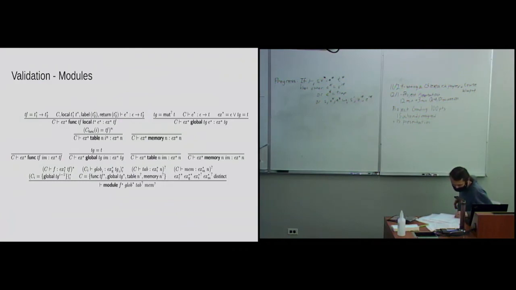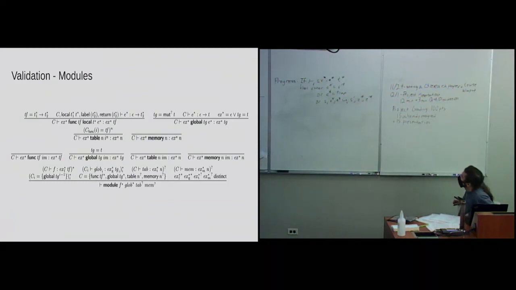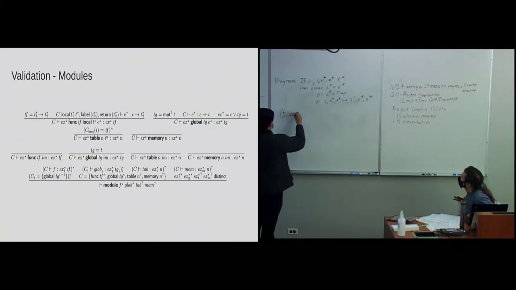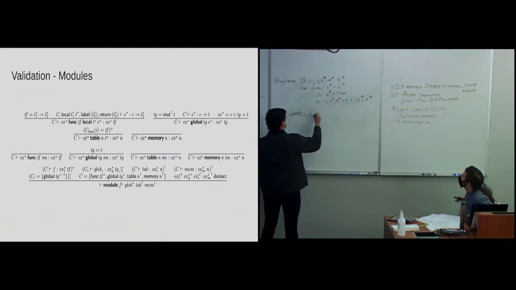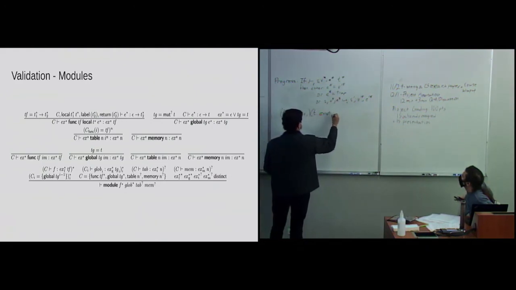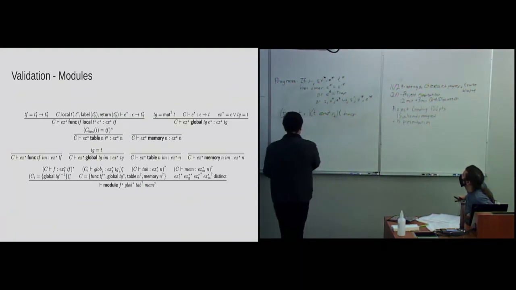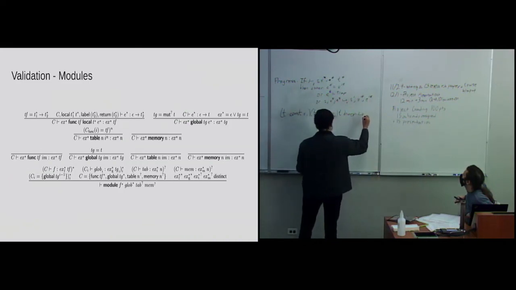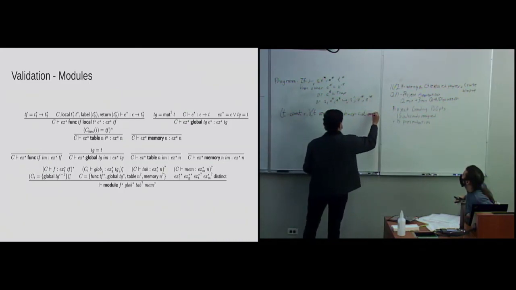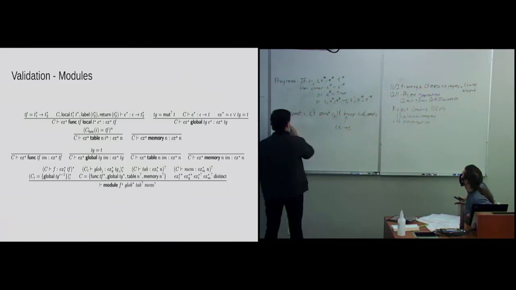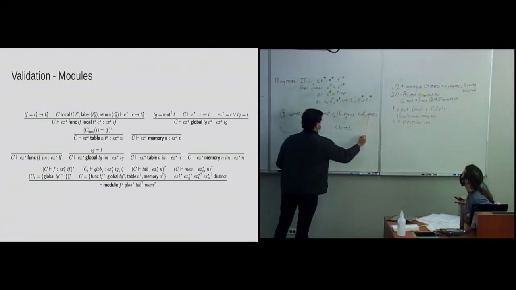For preservation, we'd be inducting over the small step semantics rules, and one of them is: we have two values on the stack, which are constants, and then we apply a binop operation, and this steps to another const C. We know that this binop instruction has type T T arrow T, and overall this would have the type epsilon arrow T, and constant values have the type epsilon arrow T.